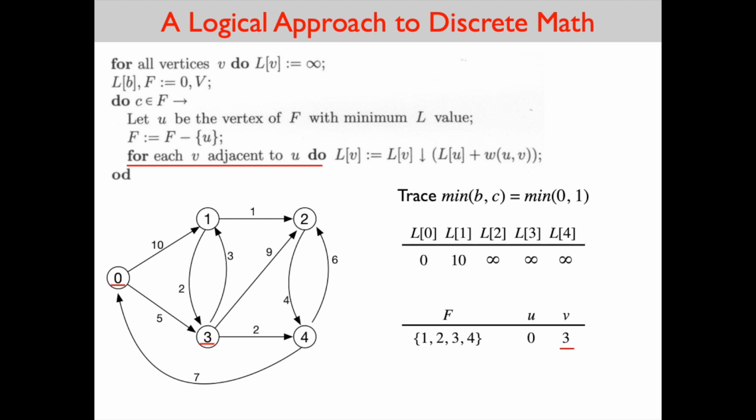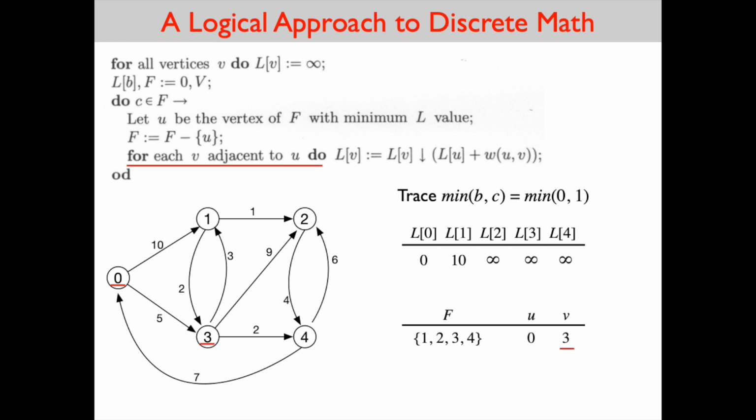Then we do the loop again. So we come back here, and what's the other vertex v that is adjacent to 0? Well, it's vertex number 3. So v is 3 because 3 is adjacent to 0. That's the second one that is adjacent to u. All right, so now what happens in the body of this loop this time? L sub v is going to change.